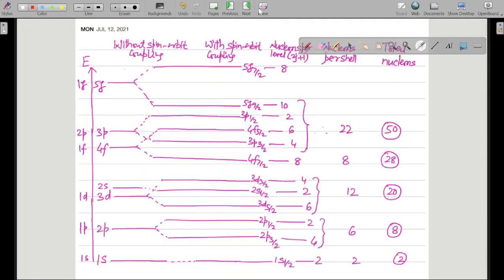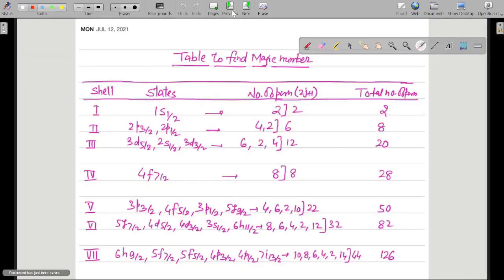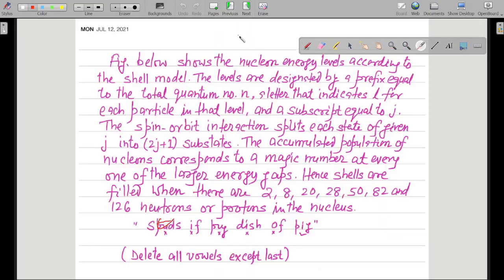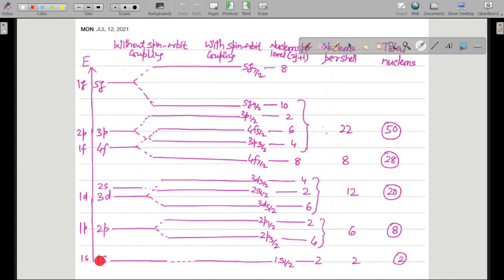So how to fill this up, you have already learned. But let me repeat it once again so that you understand it better. We are talking about S. We will start with 1s because it is the first shell.